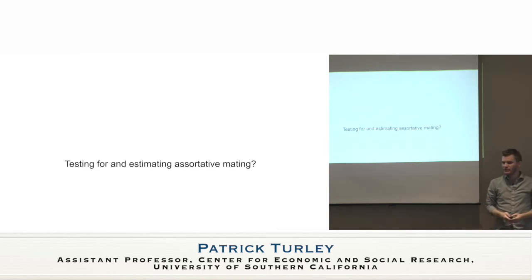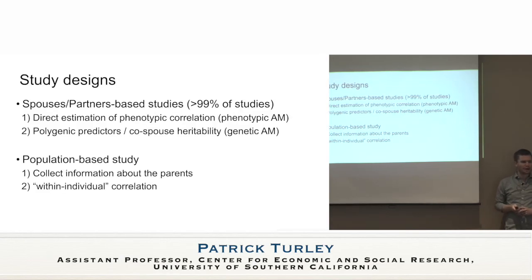Okay, so now I'm going to talk about a couple methods that have been developed to test for or estimate assortative mating in populations. Let's talk about how we might do that, right? So if we had whatever data we wanted, so we called on the data gods again, and we said, I really want to study assortative mating, what can you give me?